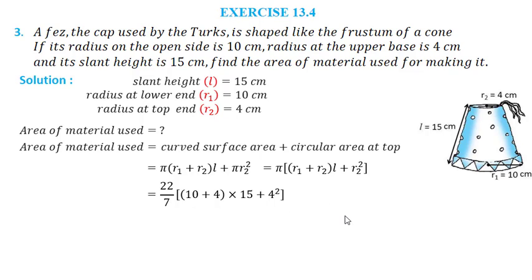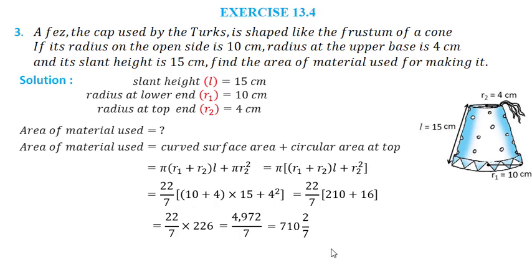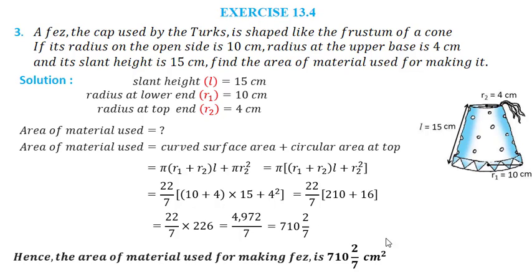Now the calculation is 22 upon 7 into 210 plus 16, that gives me the value as 4972 upon 7. If I convert this into mixed fraction, it is 710 2 by 7. Hence I will say the area of material for making fez is 710 2 by 7 centimeter square.